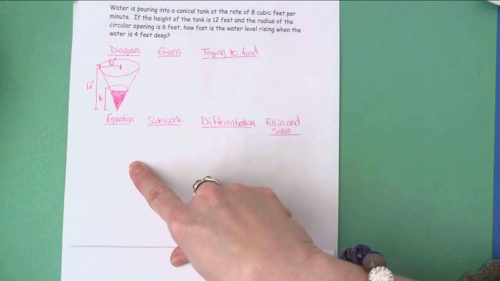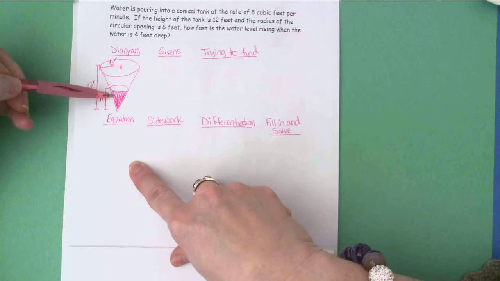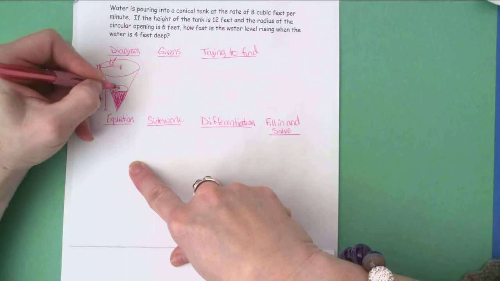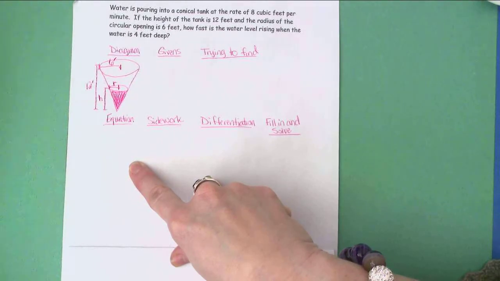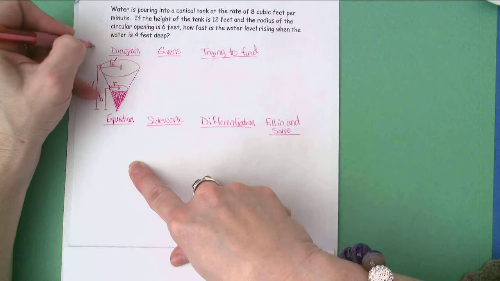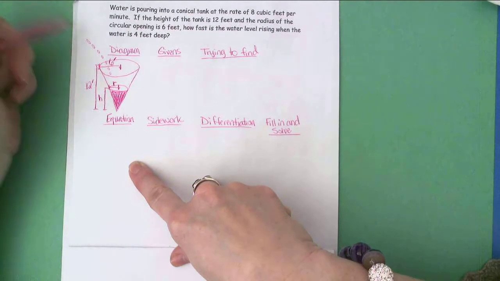This h value in feet is going to change as the water fills, as is the radius. So I'm going to put those two values on because they're part of my diagram that's changing. I also might just show here the water is pouring into the tank. I don't know what it's coming out of, but pouring in there.